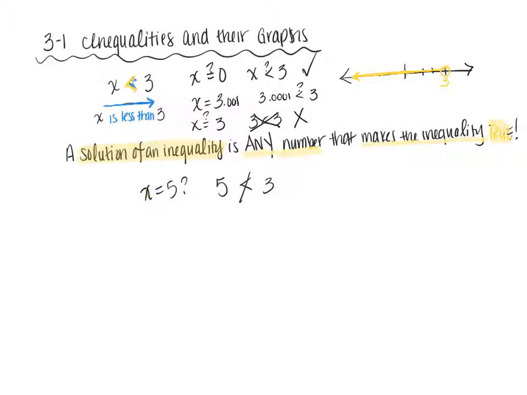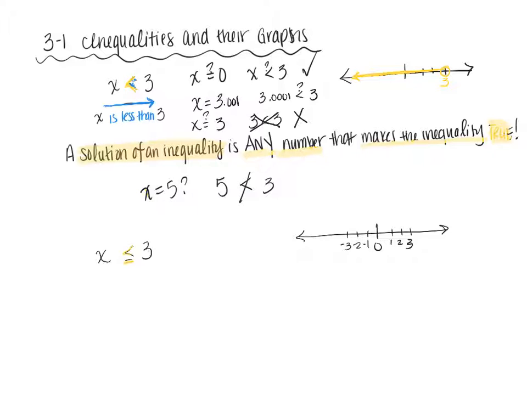If I had x is less than or equal to 3, then on my number line, -3, -2, -1, 0, 1, 2, 3, I'm saying that x could equal 3.